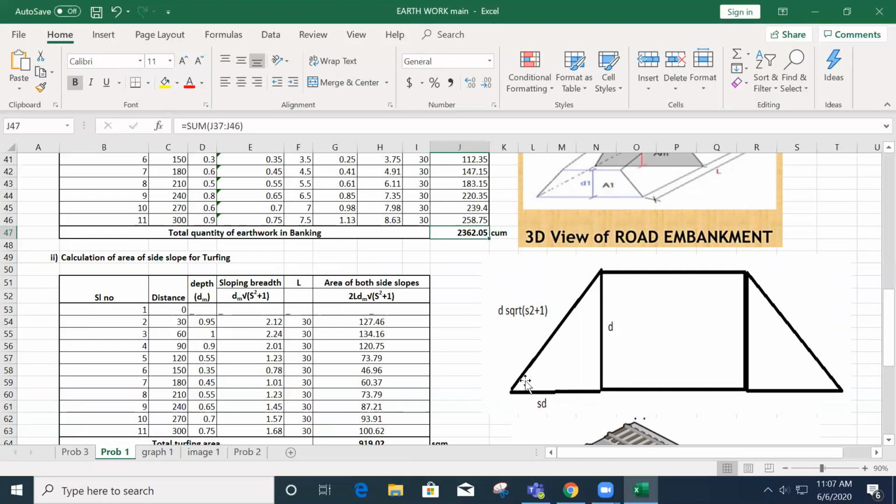So this is the length of this face, and this length depends on the D value. Since we are using dm, this formula will become dm into square root of S square plus 1. The sloping breadth is dm into square root of S square plus 1 multiplied by length. Since this length is 2 times, the area of both the sides formula becomes 2L into dm into square root of S square plus 1.